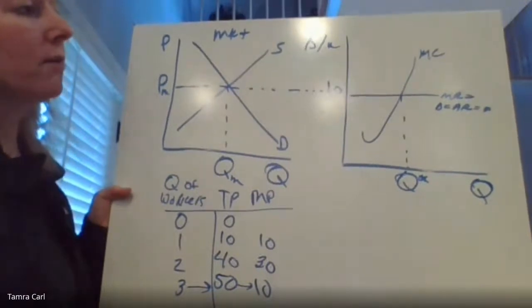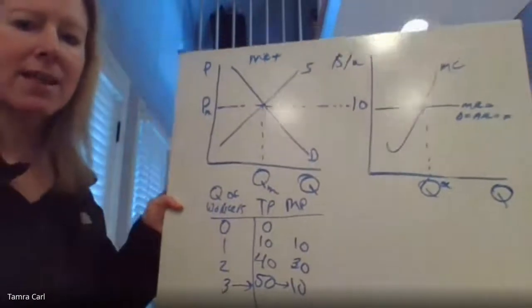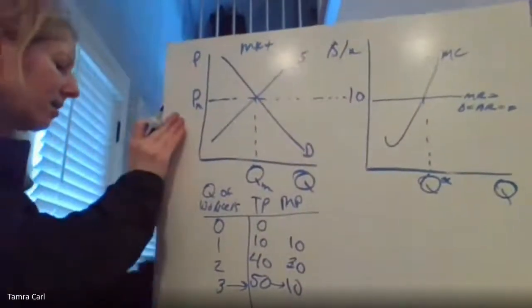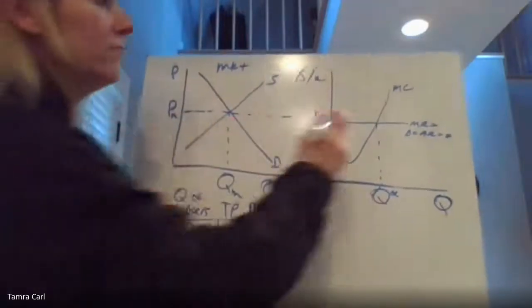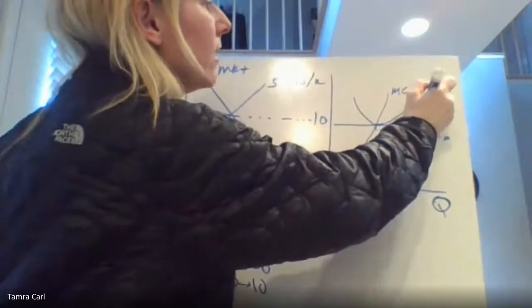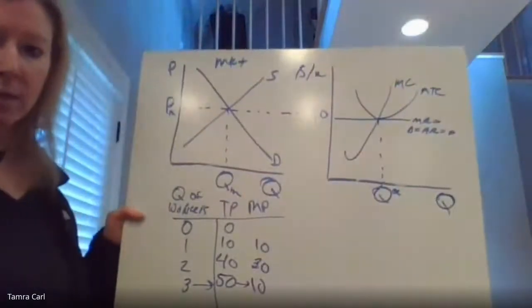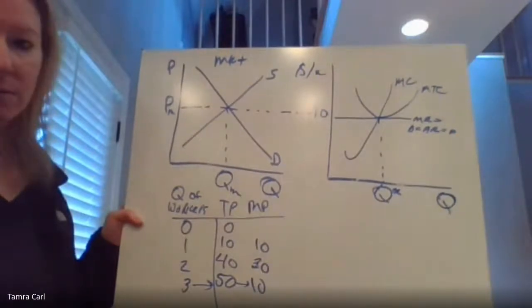So now we get into the cost curves. Let's say here that this firm is in long-run equilibrium. Well, if it's in long-run equilibrium, that means that my ATC curve at that profit maximizing quantity has to be at its minimum.